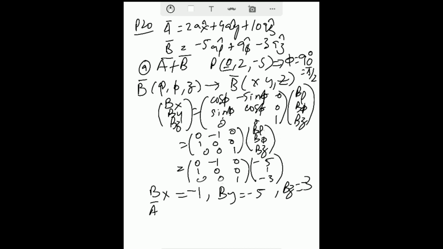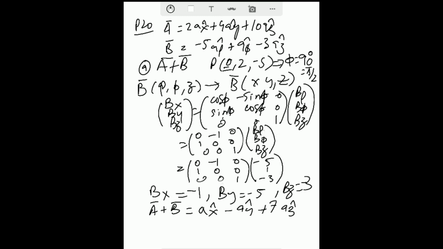So A plus B will be equal to 2 minus 1, which is 1 ax, 4 minus 5, minus 1 ay, and 10 minus 3, which is 7 az. So this is the answer.